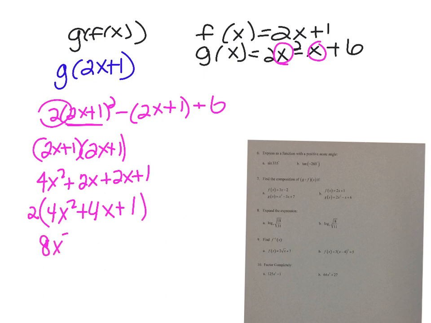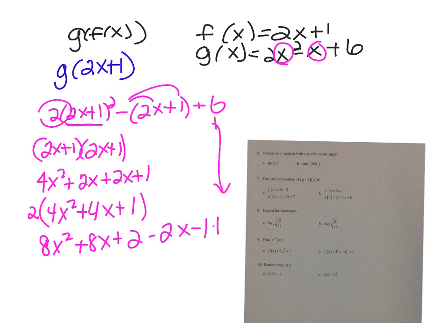I get 8x squared plus 8x plus 2. Distribute the negative, we get negative 2x minus 1, and then plus 6. Combine like terms, we get 8x squared, 8x minus 2x is 6x, 2 minus 1 is 1, plus 6 is 7.